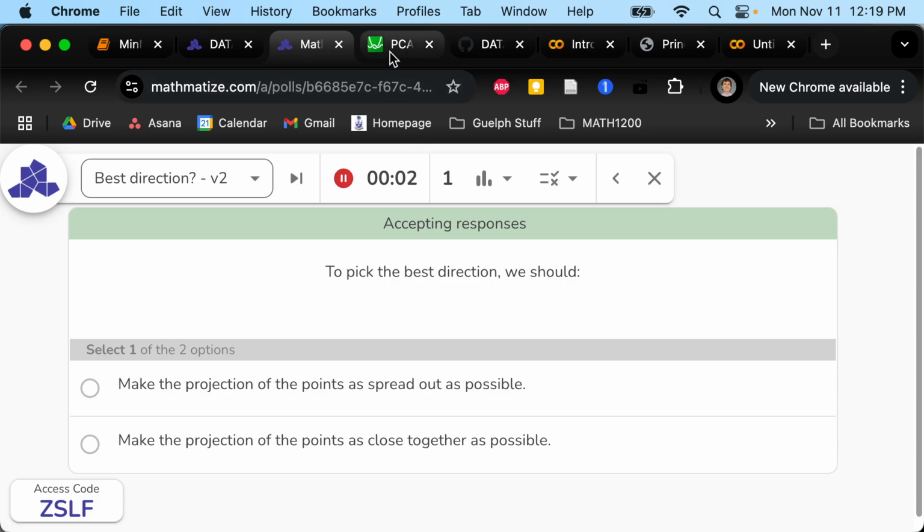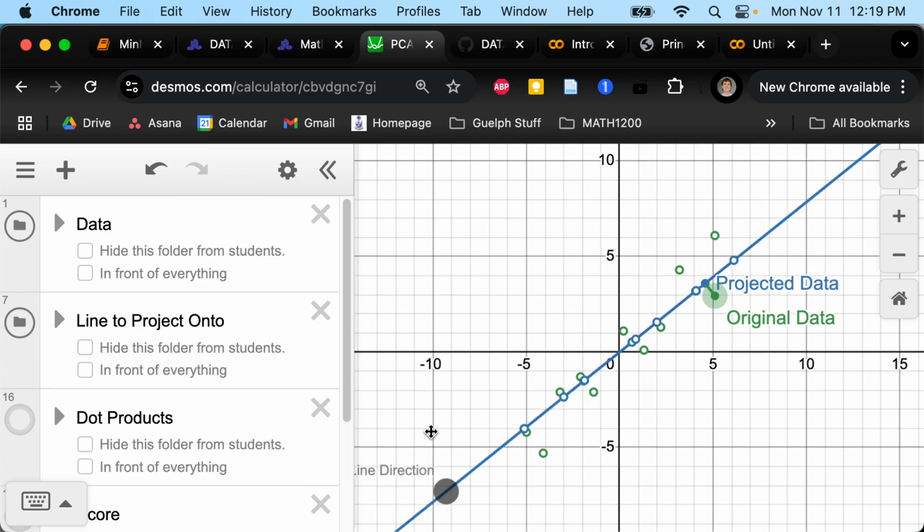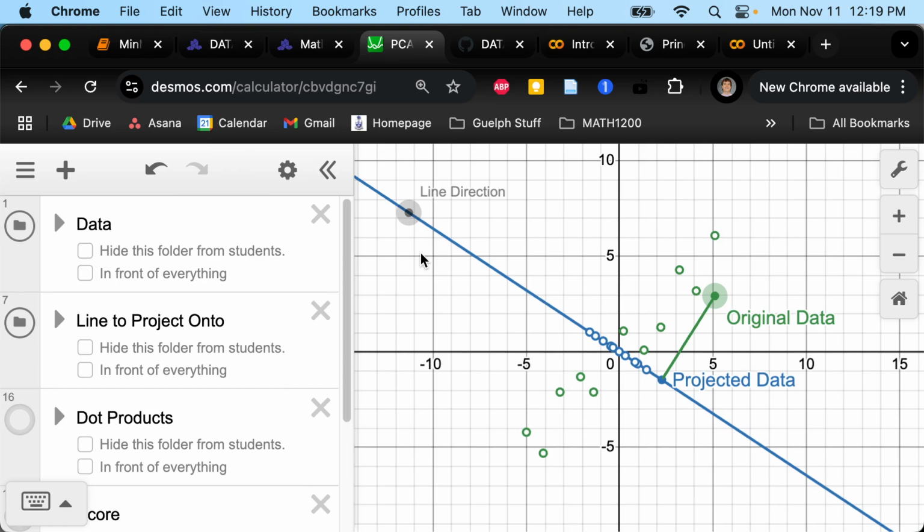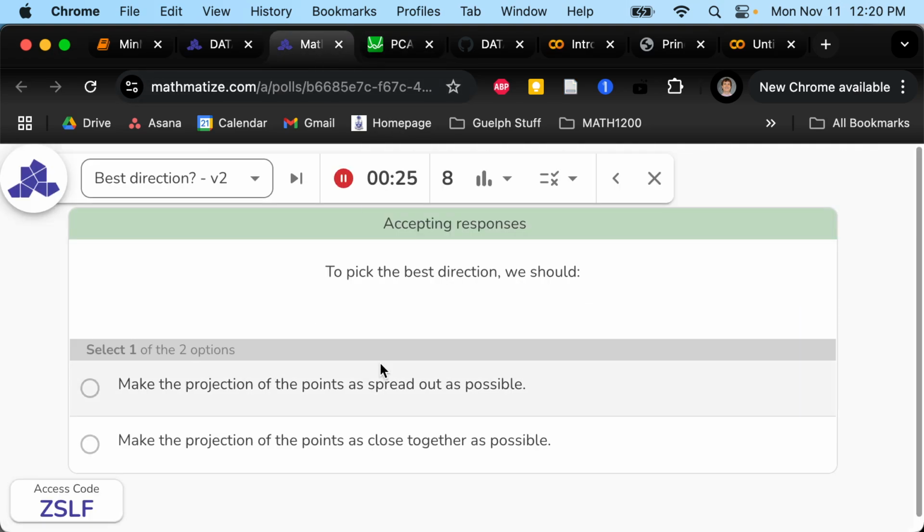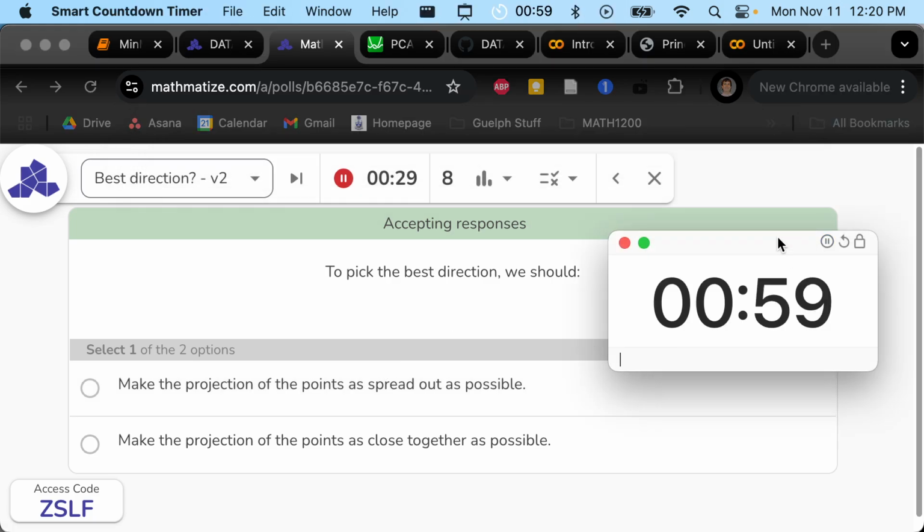Okay. Opened up again. Spread out or put together. I showed you some examples. All right, 30 seconds left.